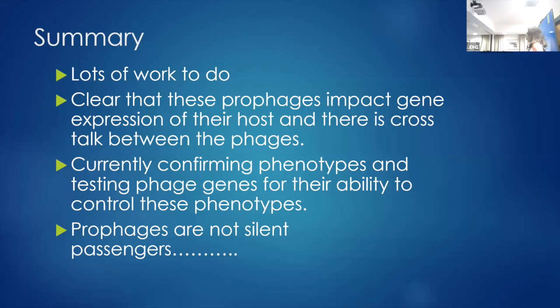And we also detect crosstalk in host phage gene expression between which phages are there. So phage 3 is good at downregulating some of the impacts of phage 2, for example.